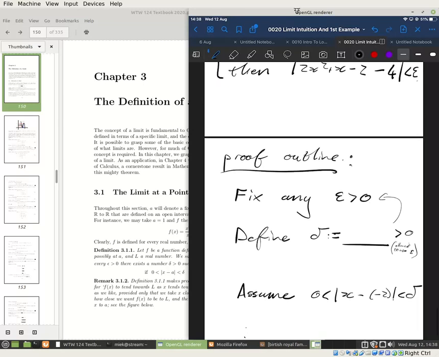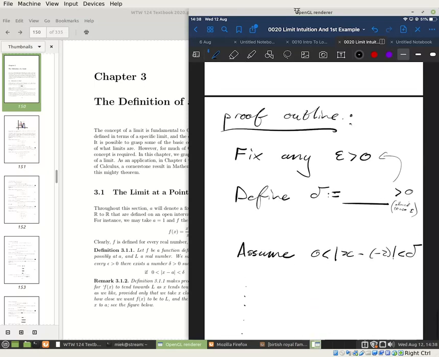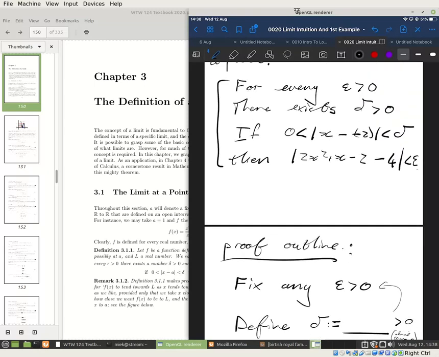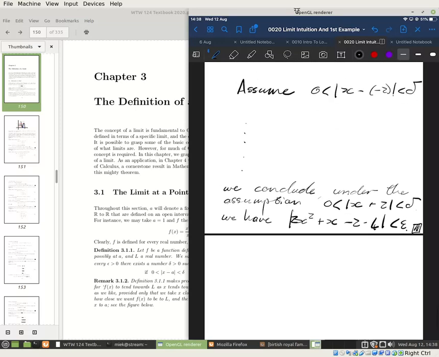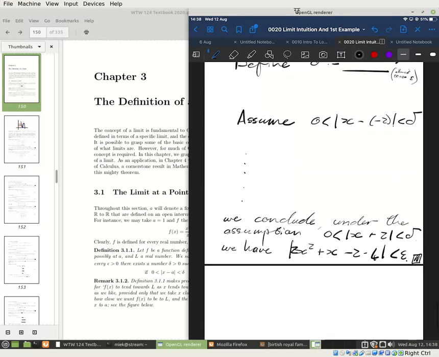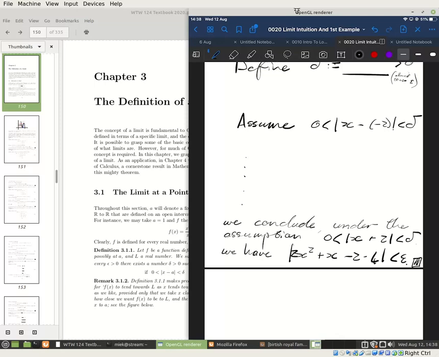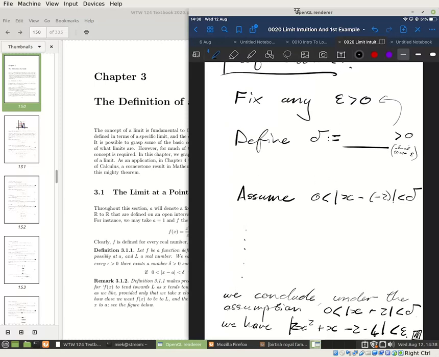That is the only symbol that we are allowed to use. Then we want to show that if this happens, then that happens. So we assume the hypothesis, and finally we must conclude that this expression that we have down here is less than epsilon. Okay, so here we have our proof outline.